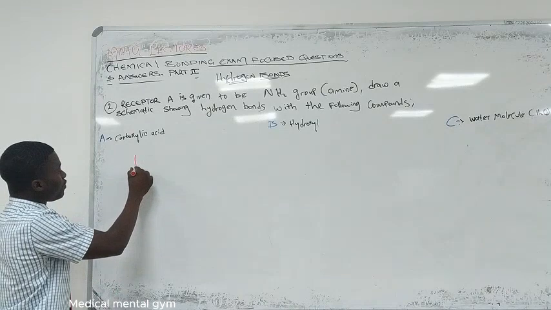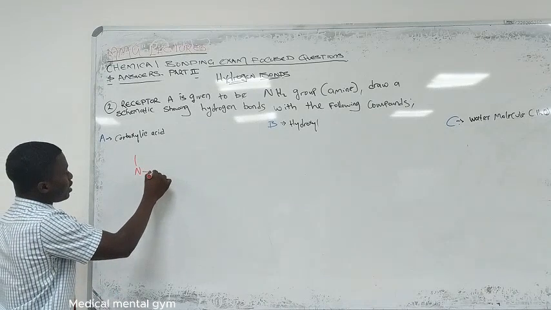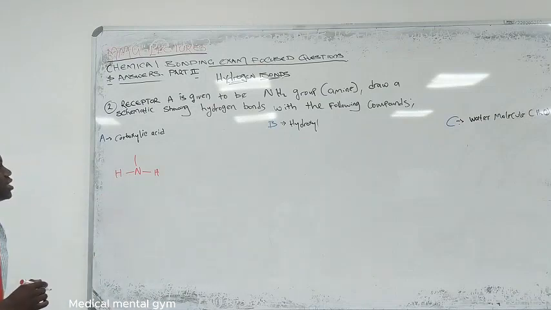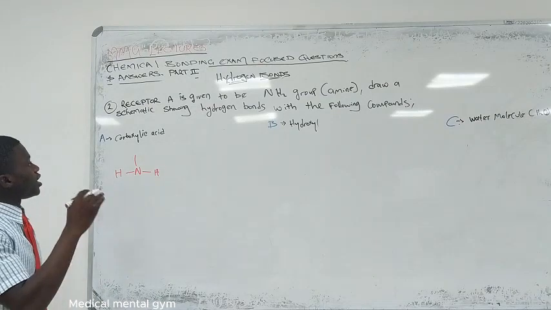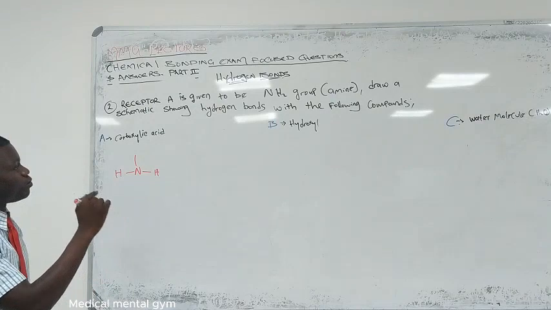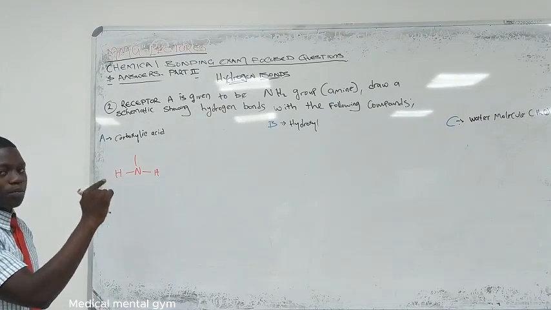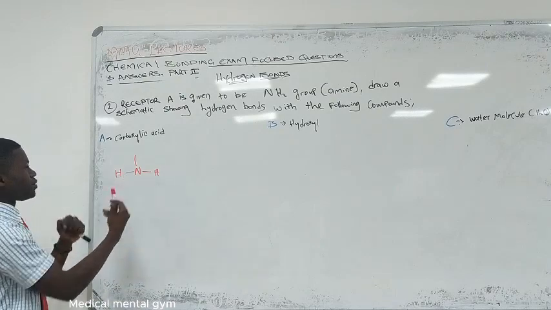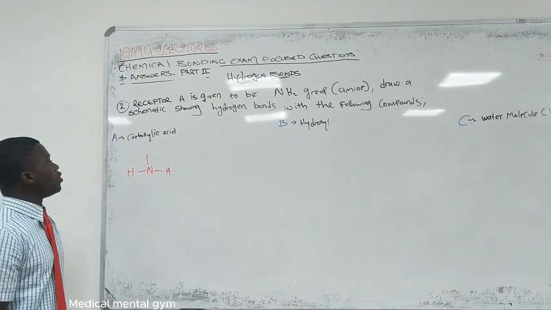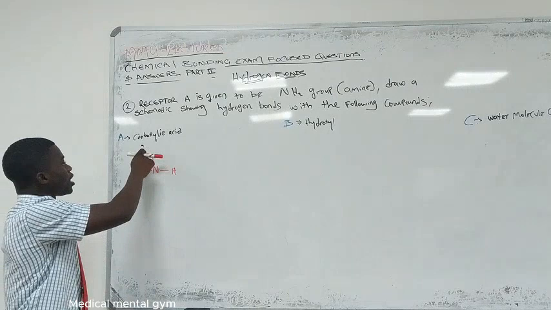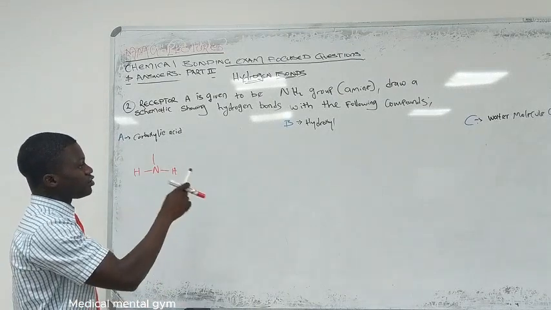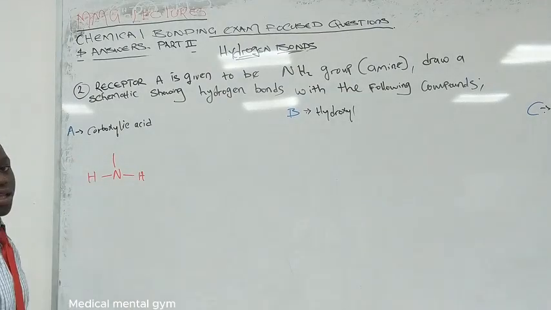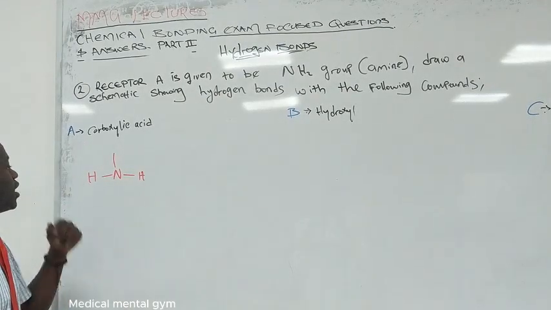So we have our receptor, which is of amine structure. We'll have to react our receptor with the following compounds: carboxylic acid, hydroxyl, and a water molecule. Okay, so let's start with a carboxylic acid as our A.